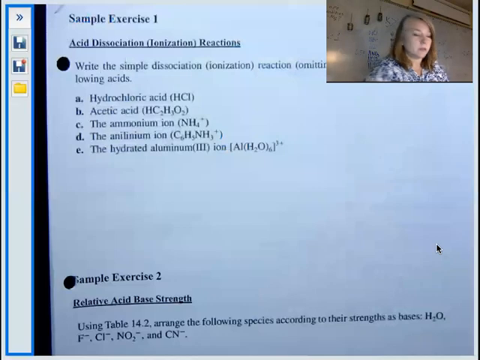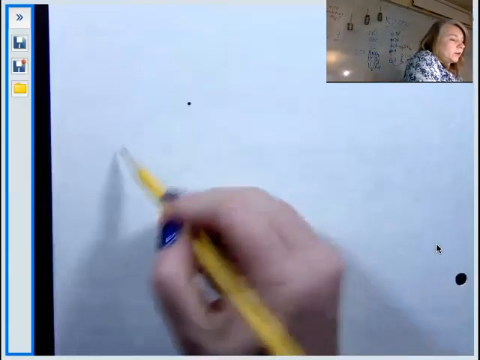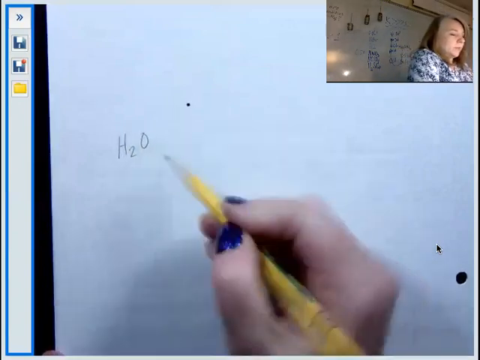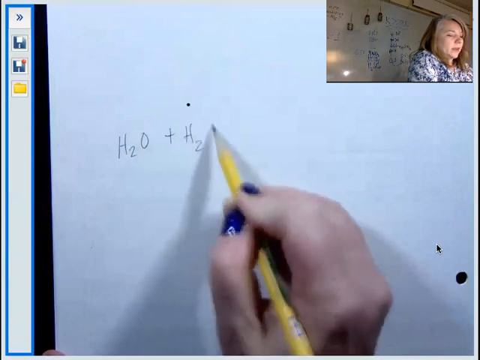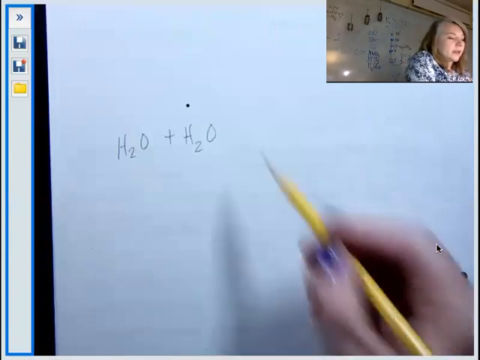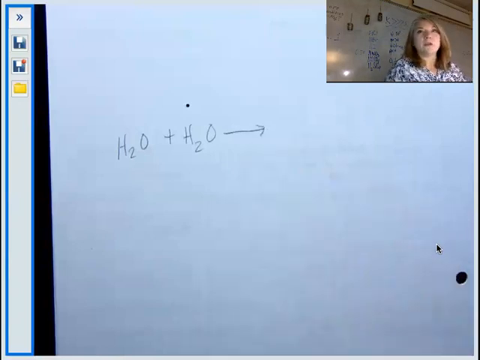Let's see if I can get to some white space here. If we have water, water can join up with another water molecule. If one water molecule happens to have a lot of kinetic energy and a lot of movement, it can rip one of the water molecules apart.